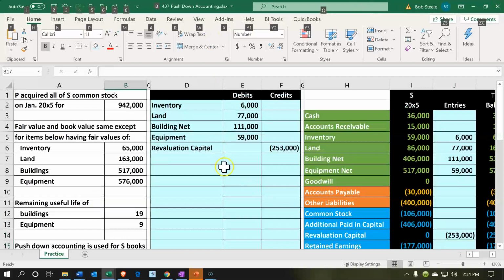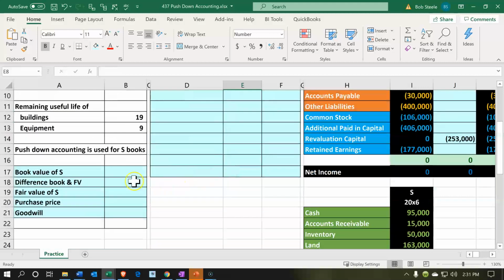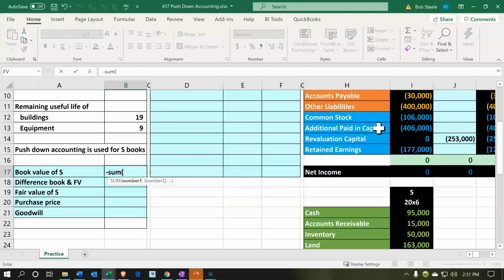So now that we know this difference, let's do our goodwill calculation to consider if there's any goodwill involved here. The book value of S is going to be the equity section of S, or assets minus liabilities. So I'm going to say it's the negative sum of these items, or you could say assets minus liabilities, right? It's going to be the same here.